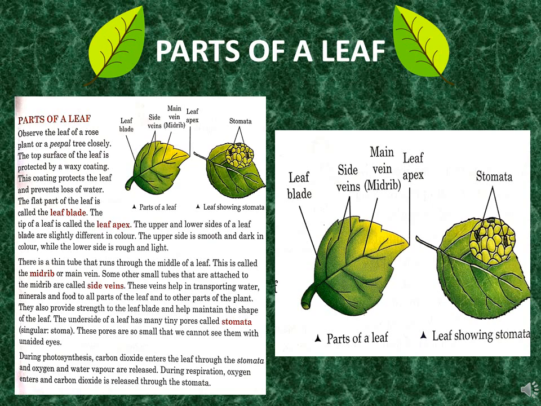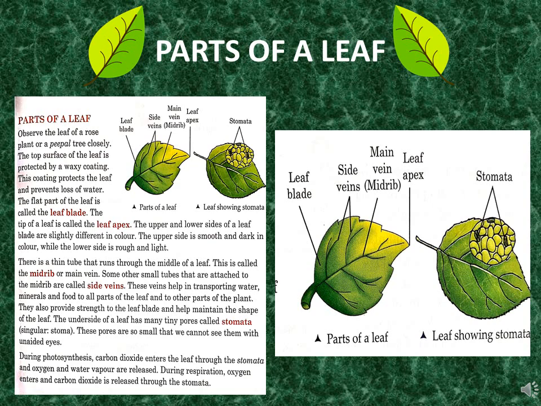These veins help in transporting water, minerals and food to all parts of the leaf and also to other parts of the plant. They also provide strength to the leaf blade and help maintain the shape of the leaf.